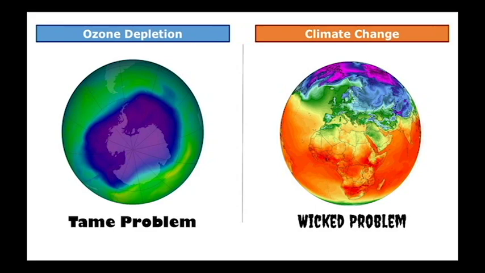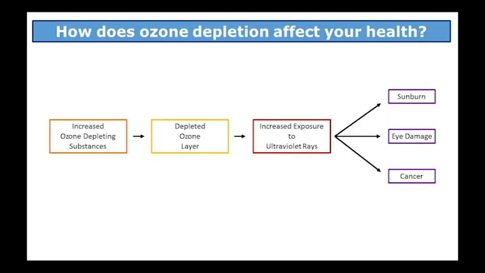One of the ways that we can show the differences between tame problems and wicked problems is by asking simple questions and seeing what kinds of complexity or interrelatedness there is when we try to answer those simple questions. So let's ask, for example, how does ozone depletion affect your health?